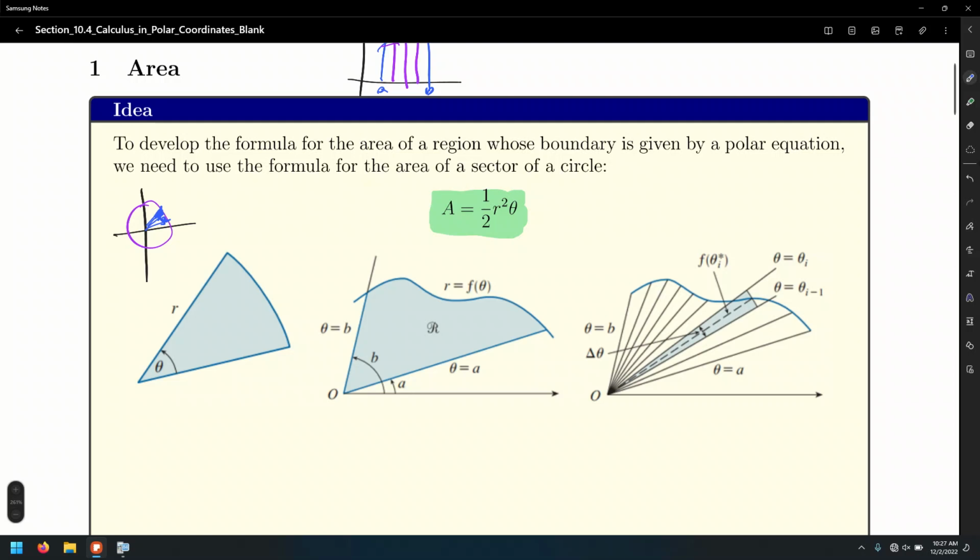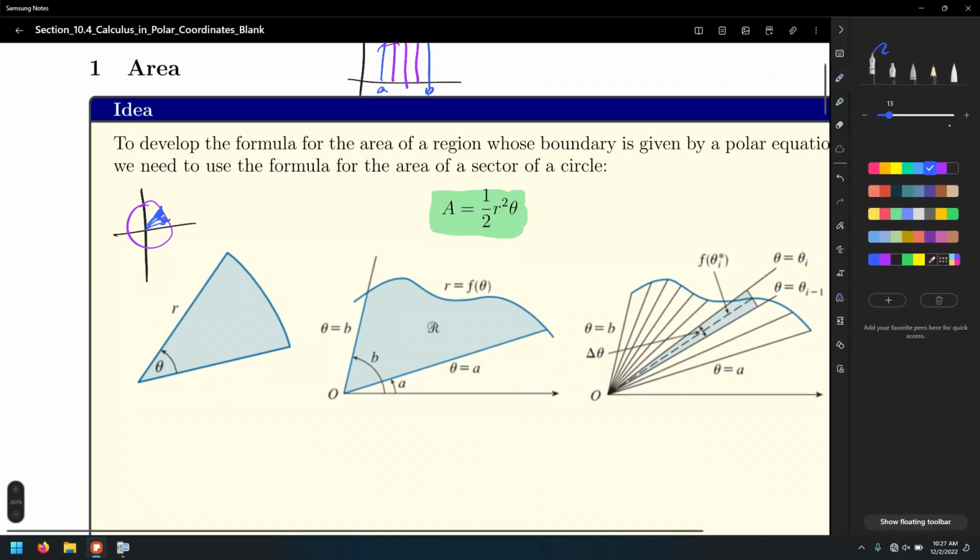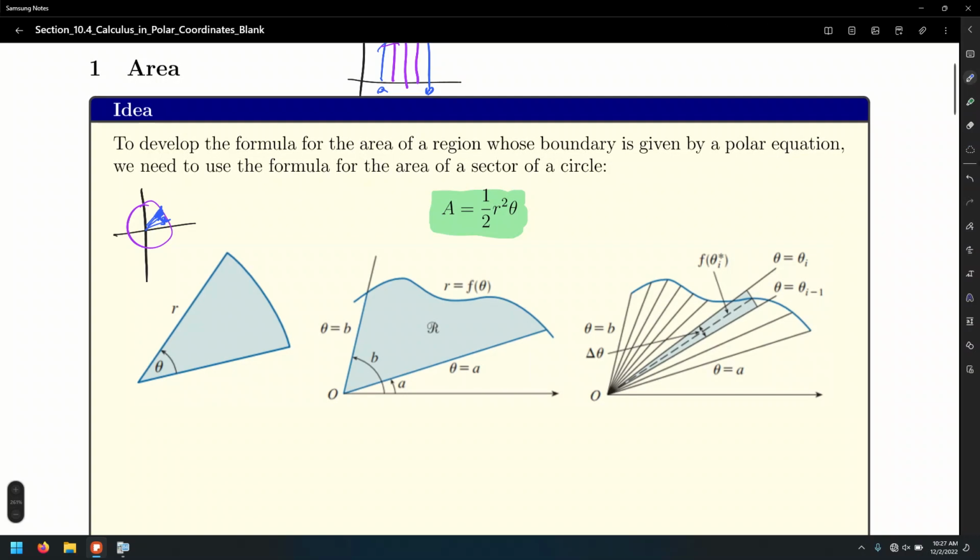So this is our plan to derive a formula for the integral to calculate the area. Number one, area equals 1/2 r squared theta. However, the radius r is given by the value of the function: r of 45 degrees, r of 60 degrees, r of theta, whatever that is.